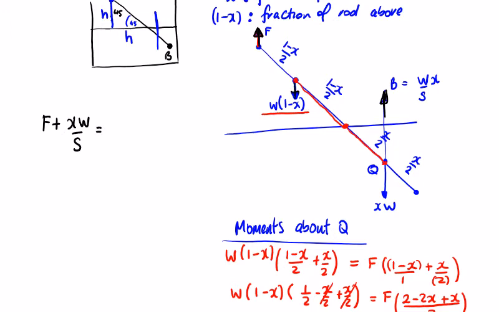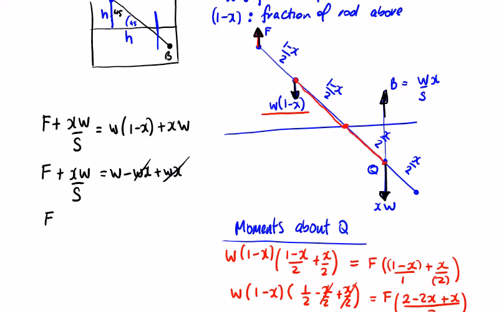This one here, w times 1 minus x, and x times w. So you can see what these are going to simplify to be: w times 1 minus x plus x times w. So we get rid of the bracket on the right. F plus xw over s, which is what we're looking for, is equal to w minus wx plus wx.